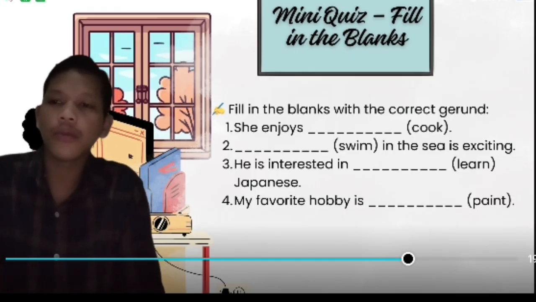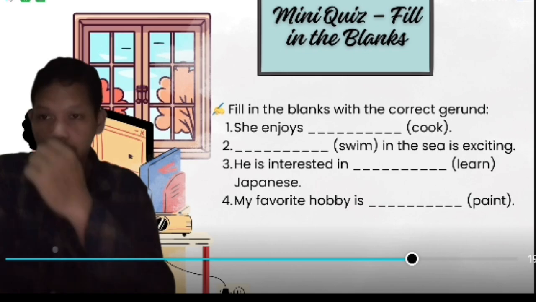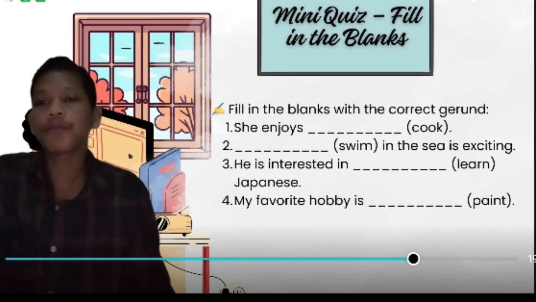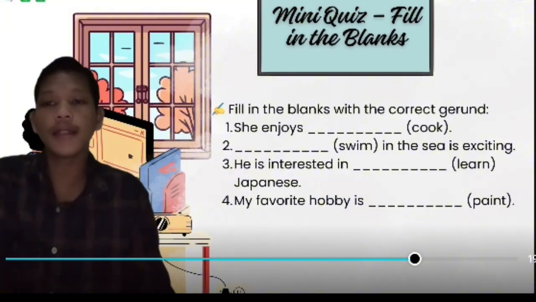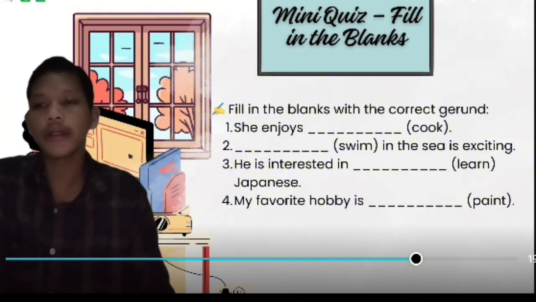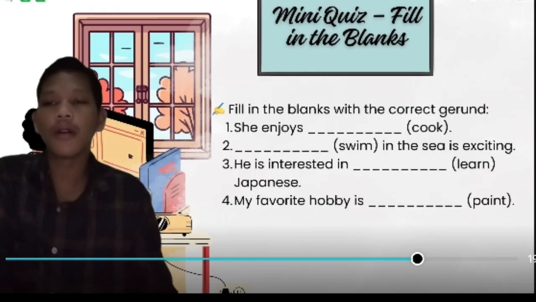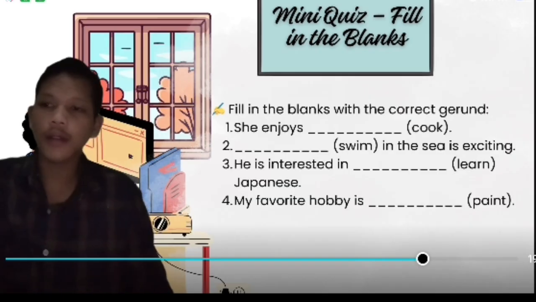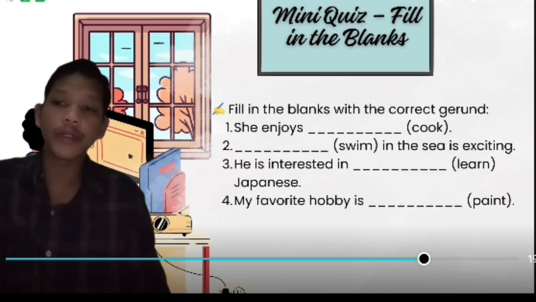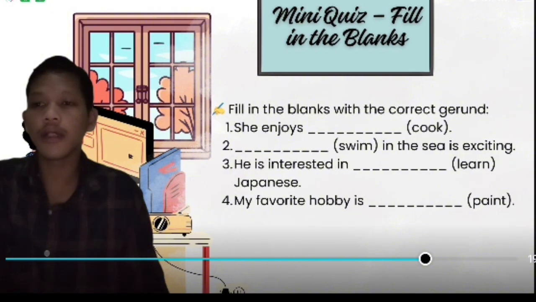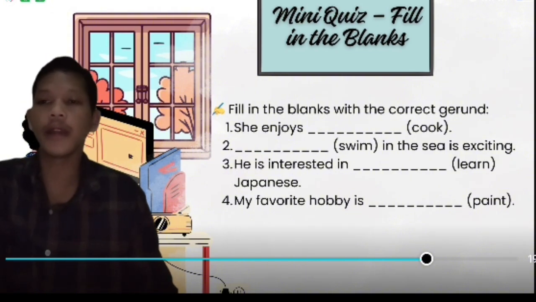We have to add ing after verb learn because it must be a gerund and function as a noun, and after preposition. I have already said before, gerund can be used after preposition. So that's why the answer is learning, must be a gerund after preposition.